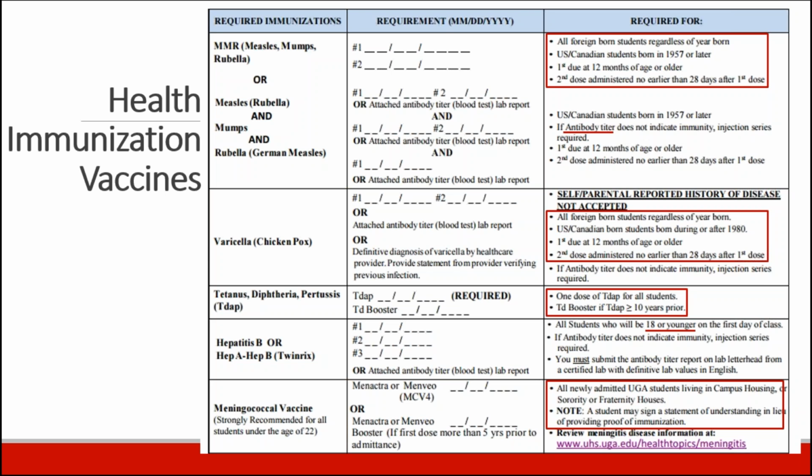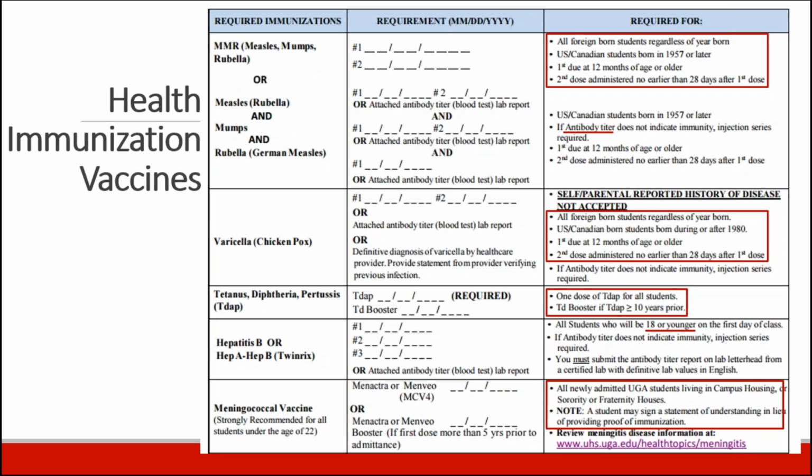So you can see on the top, you have your first doses of MMR, which is measles, mumps, and rubella. It is required that all students receive this. You have to have your first dose at least 12 months after you were born. So you must be at least 1 year old when you receive your first dose of immunization of the MMR.